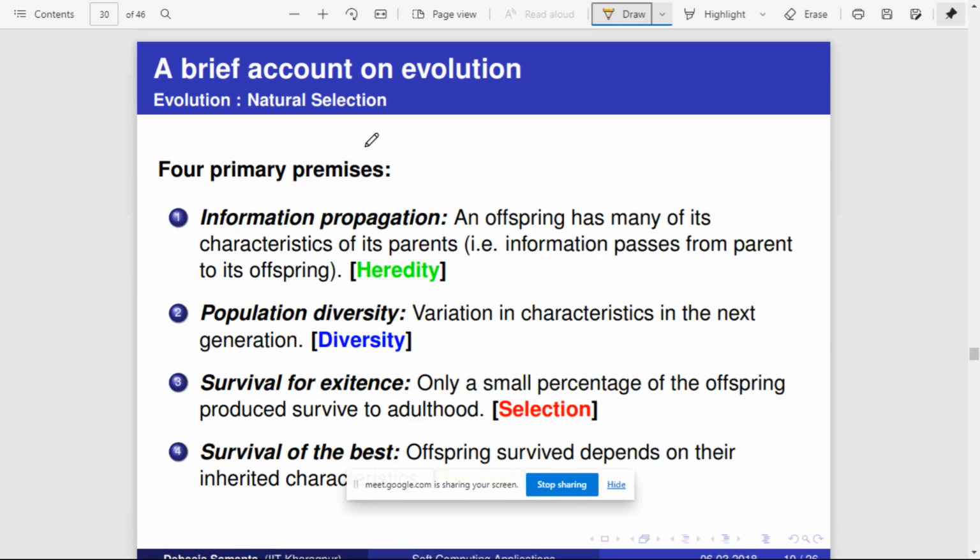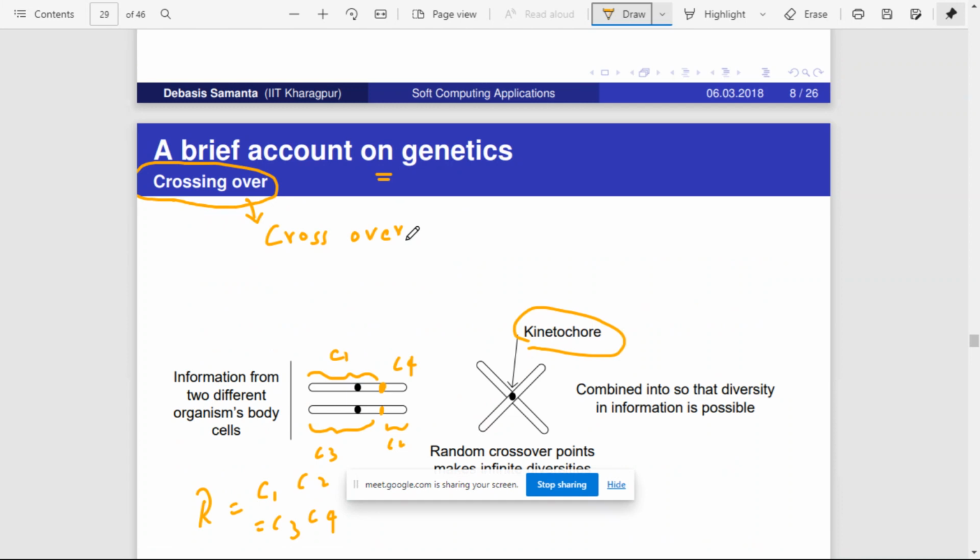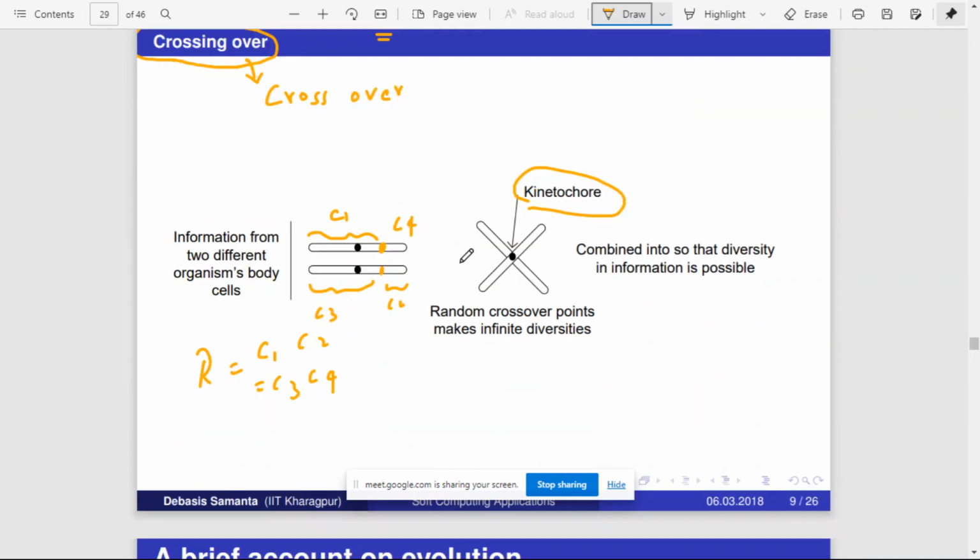So here is a brief introduction to evolution, information propagation. When an offspring is created from two parents, the offspring gets the genetic code of the parents. So the genetic code of the offspring will highly resemble that of the parents, right?